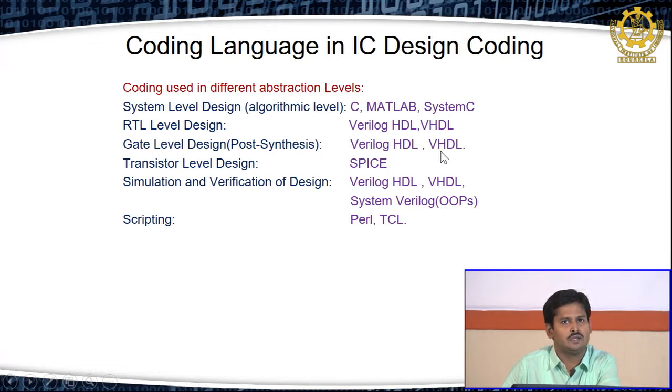Nowadays CAD tools support this automatically, generating the netlist at gate level in the corresponding coding language. Then after gate level comes transistor level design. For transistor level design we mostly use SPICE coding, Simulation Program with Integrated Circuit Emphasis. This is the code universally adopted for coding transistor level netlists.